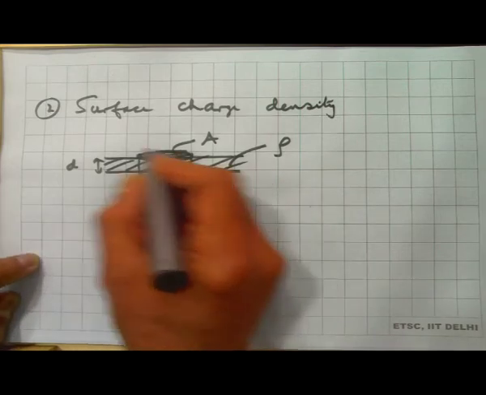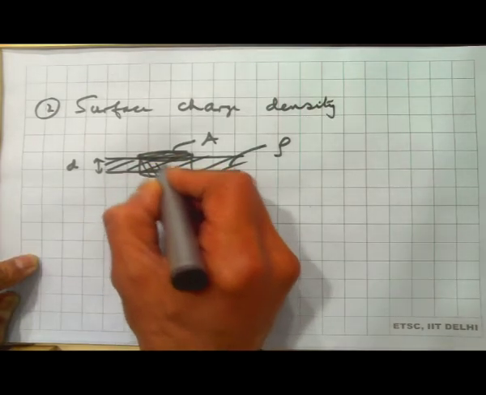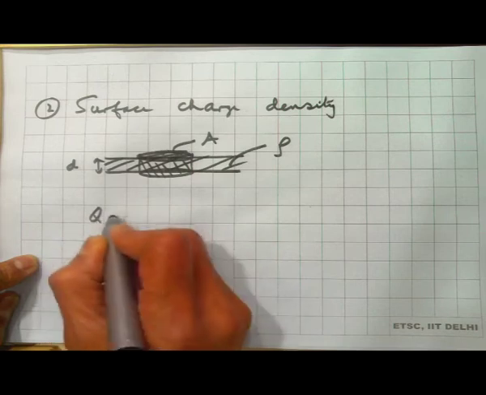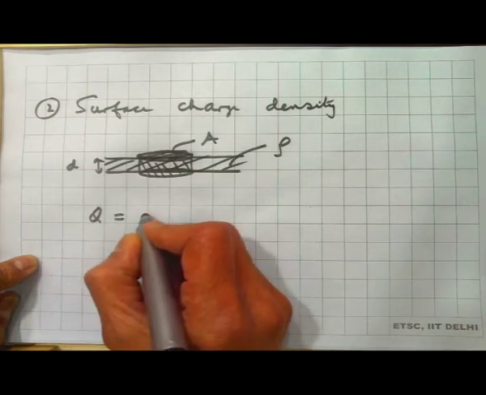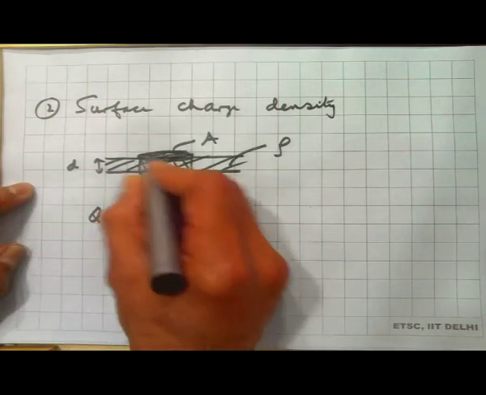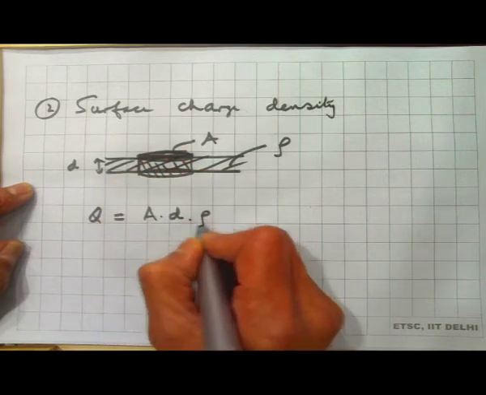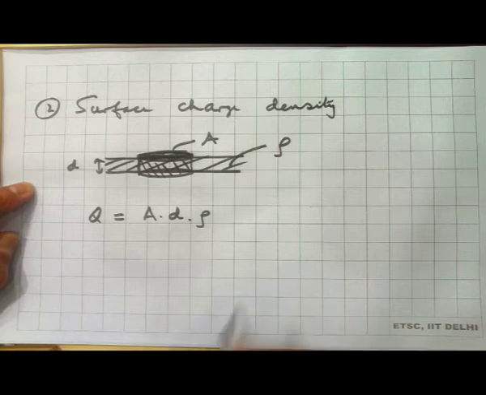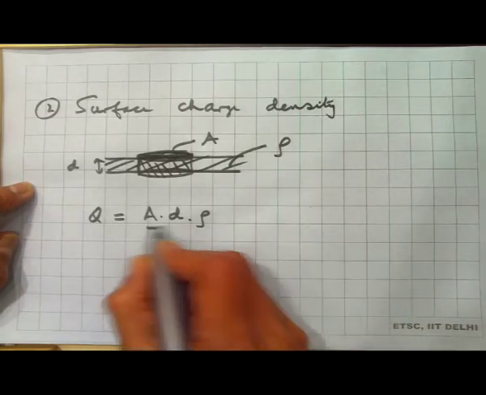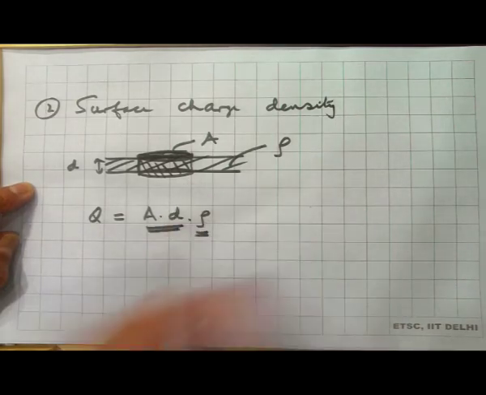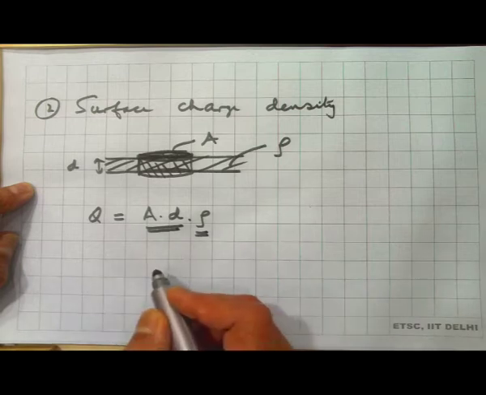So, the charge contained in this volume which I have drawn here is equal to the volume of this material, which is the surface area multiplied by the thickness, into rho. This is the volume of the material and this is the volume charge density. So, that is the charge contained.